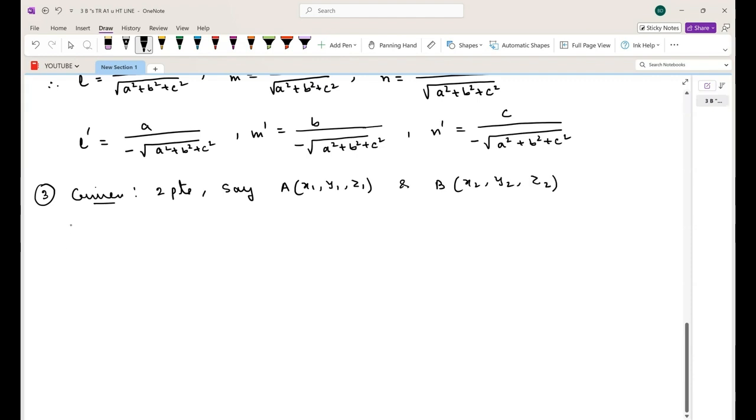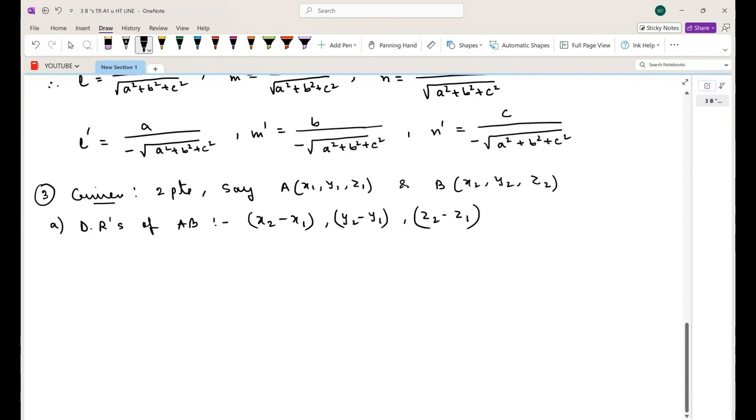What we want to find out first is the DRs, direction ratios, of AB. So that is x2 minus x1, y2 minus y1, z2 minus z1.